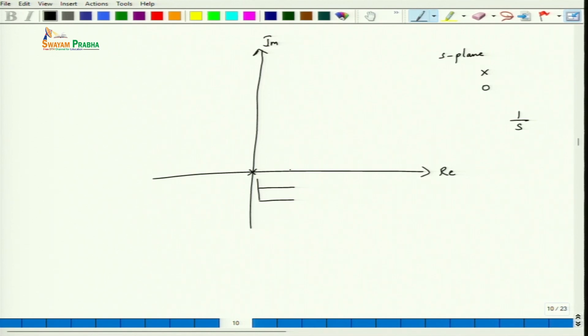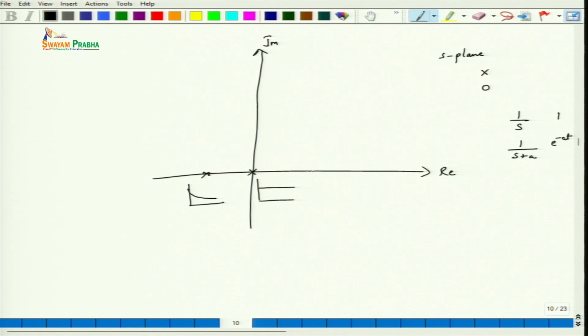Now let us consider that we move along the real axis. So let us consider a pole here. In this case, as we have discussed earlier, it will be of the form 1 by S plus A, and that will correspond to e to the power minus at. So we will have something of this form.